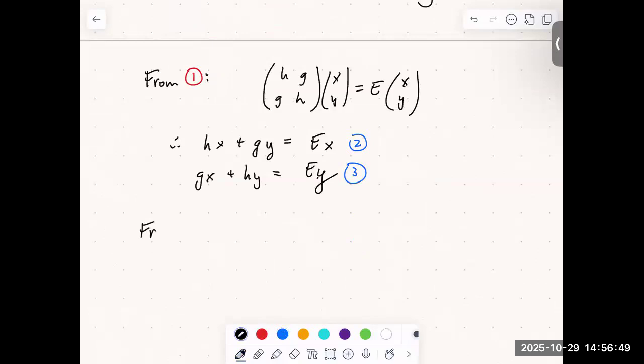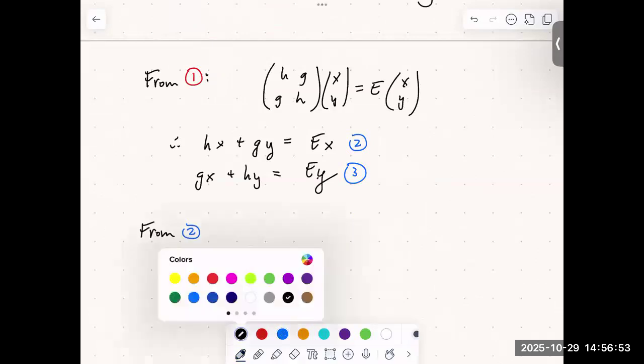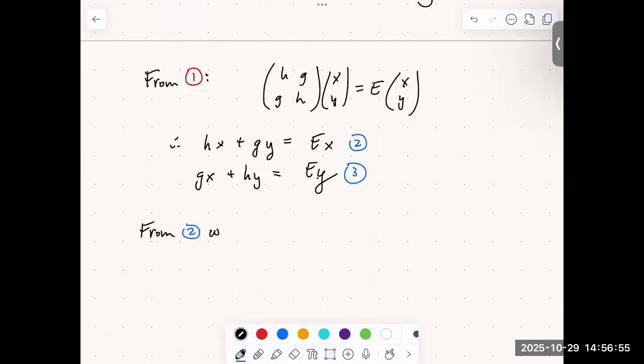So from 2 with E equal E plus, what are we going to get? hx plus gy is equal to E plus, and E plus is h plus g, and then we multiply by x.